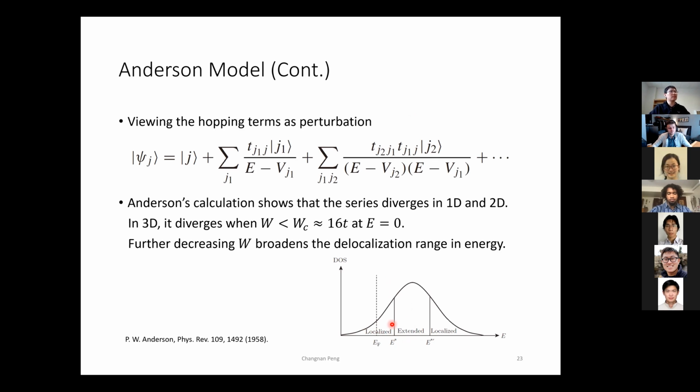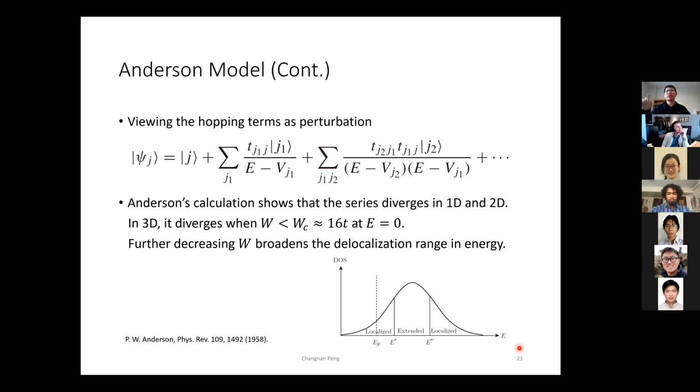I think there's some result saying that if we have this density of states range very far in energy, then any small disorder can create some localized states at the edge, at the boundary of the band.